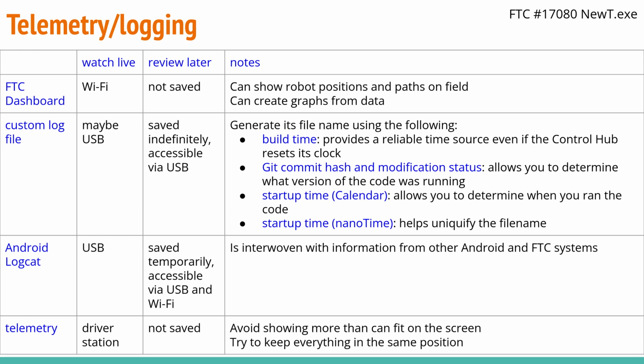It can also create graphs from data you give it. For example, if you want to plot the position or velocity or power of a motor, or sensor data, you can do that, and you can show multiple graphs together. And that you can access over Wi-Fi, and it's not saved.